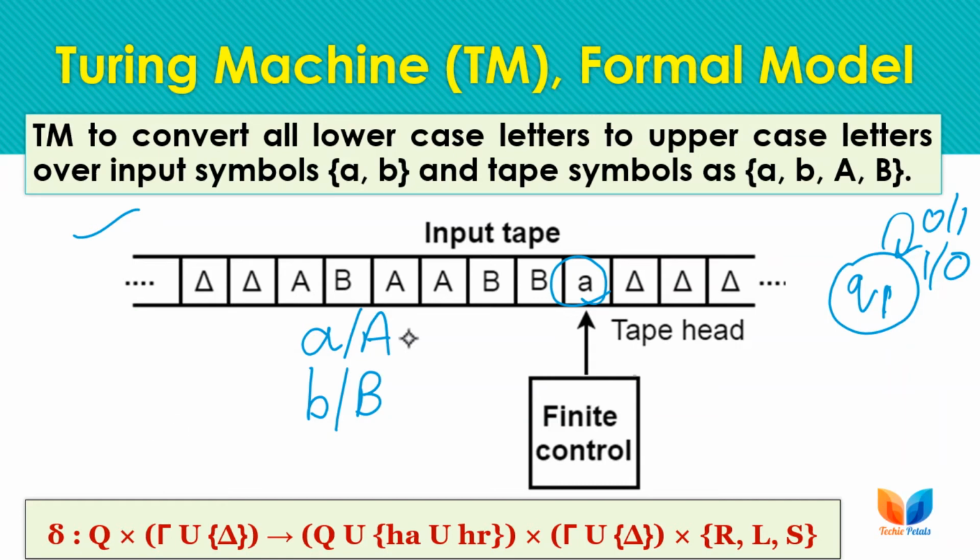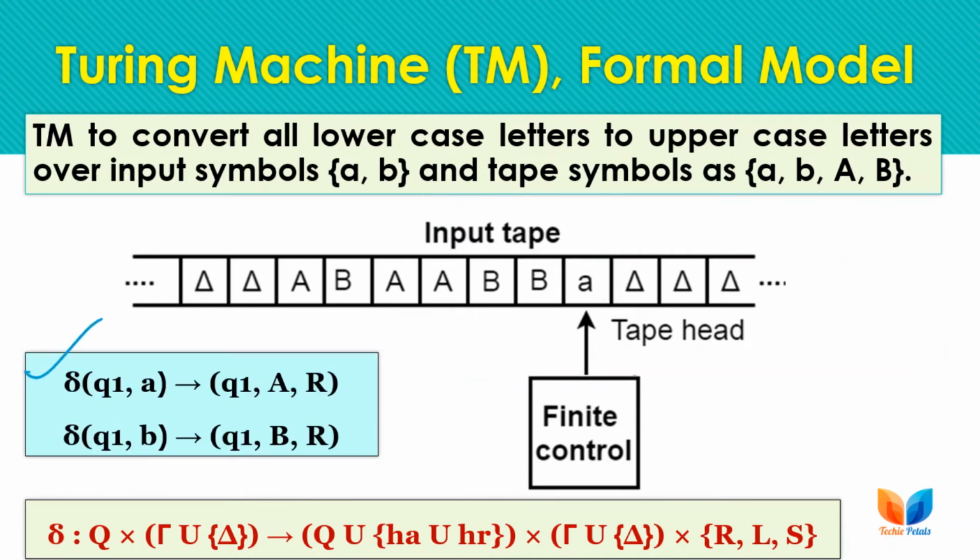So after converting this, as we are reading the string from left to right, the next direction to read the symbol from is right. Here also we will have a right move. So here is the format of writing these transitions.